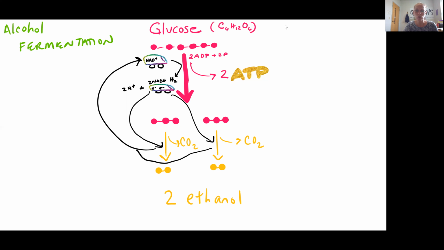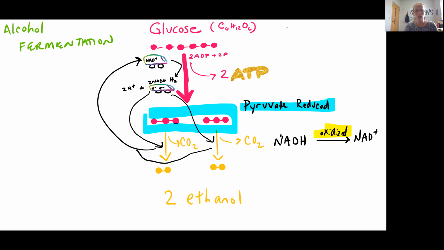In addition to allowing us to replace our NAD+, in addition to making the ethanol, we're also making carbon dioxide gas here as a waste product. So that would be the bubbles that you get in your beer, or that's giving us the bubbles that we need to make bread rise.